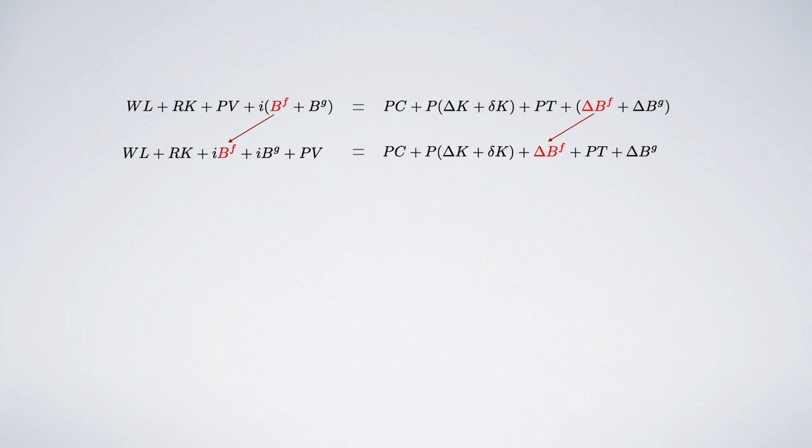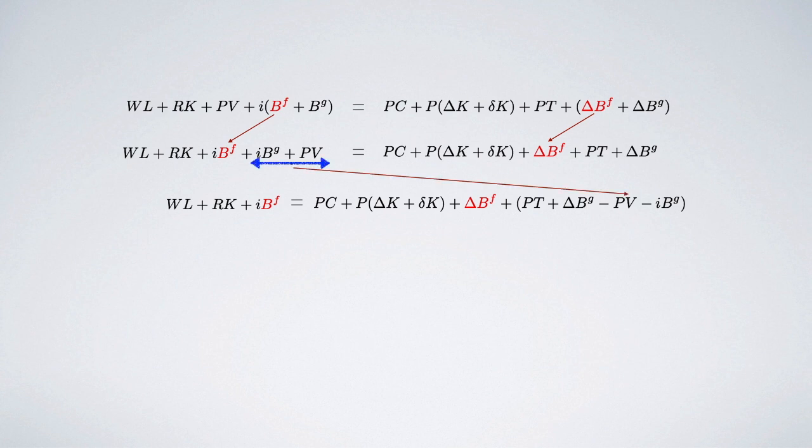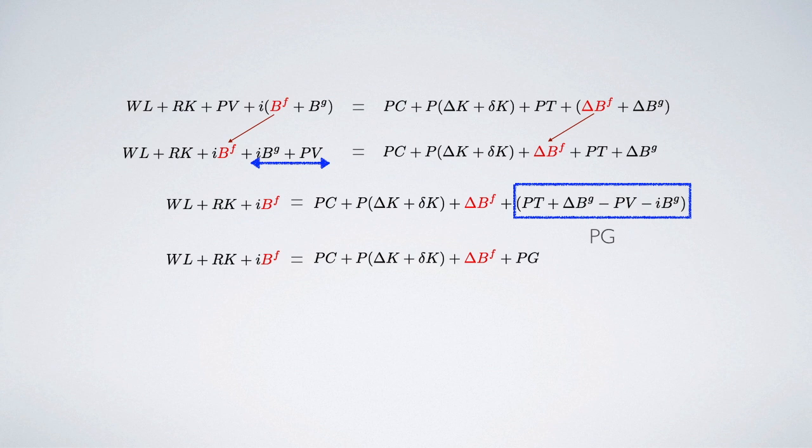And then we can rearrange terms to the following equation, which simply moves the two terms regarding government to the right-hand side. And this term, we know that according to the government budget constraint, it would be equal to total government purchases. And therefore, we end up with equation 4.